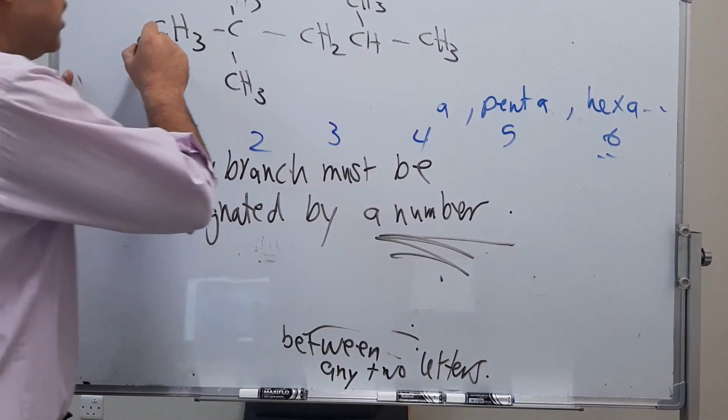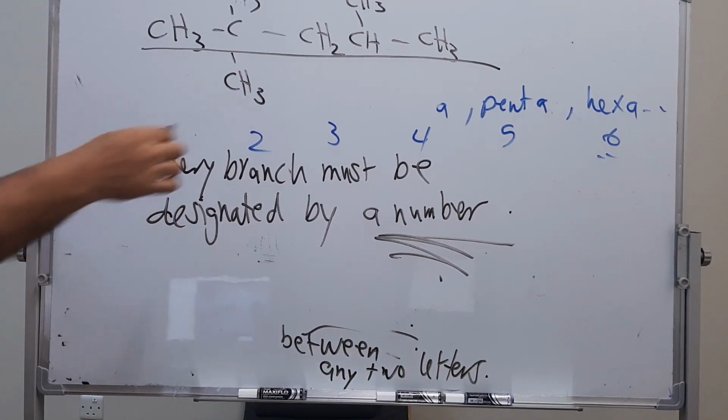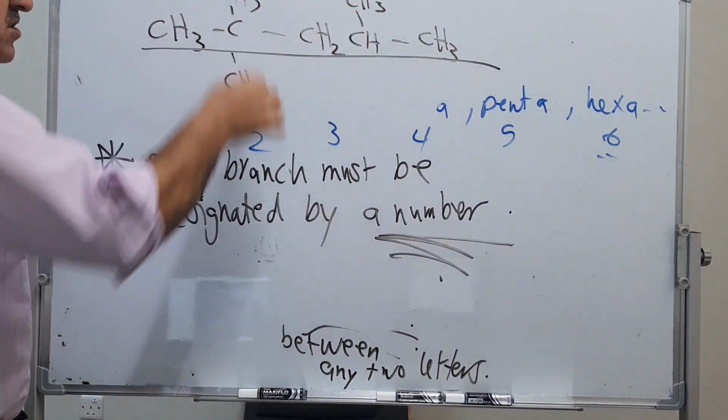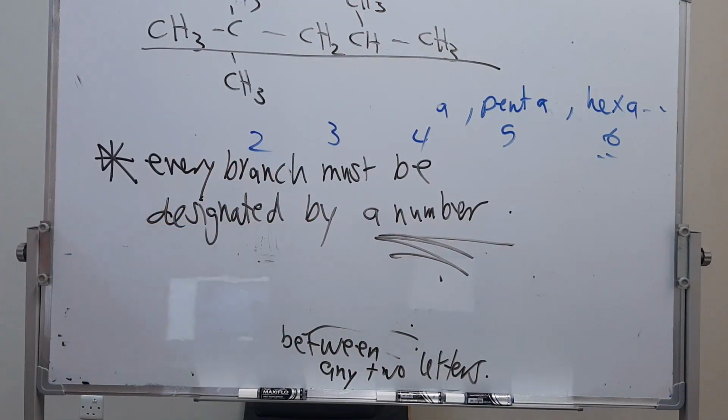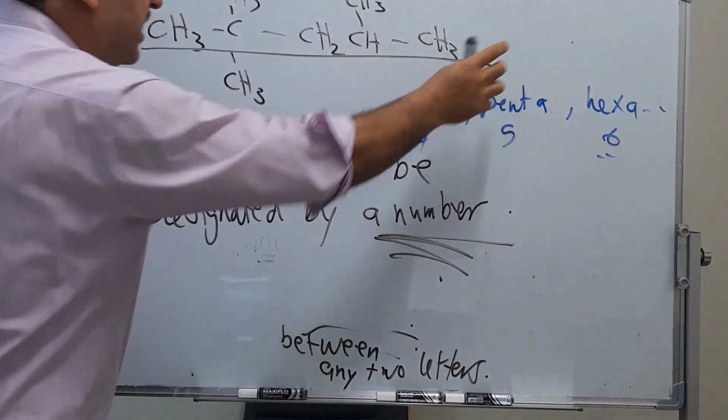Let's take it from an easy point of view, it will be this. Regardless of where you take it, it's always the same number of branches, so it's the same. So in this case, we have decided the longest chain to be 5, so then we need to number this chain. Either we number it from this side or from this side.